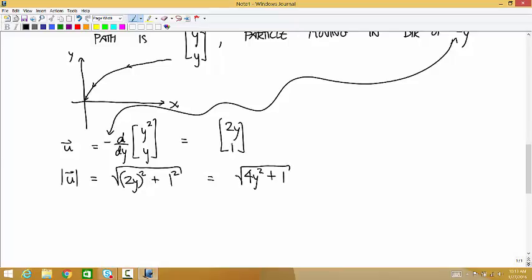Yes, I didn't put in that negative. So negative 2y, negative 1. Thank you. And so a unit tangent to that curve everywhere would be negative 2y over that square root, and then negative 1 over that square root.